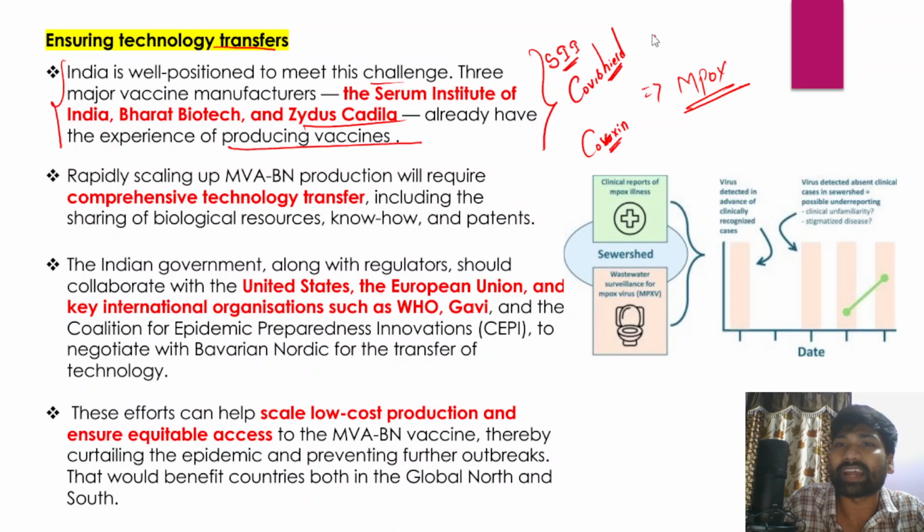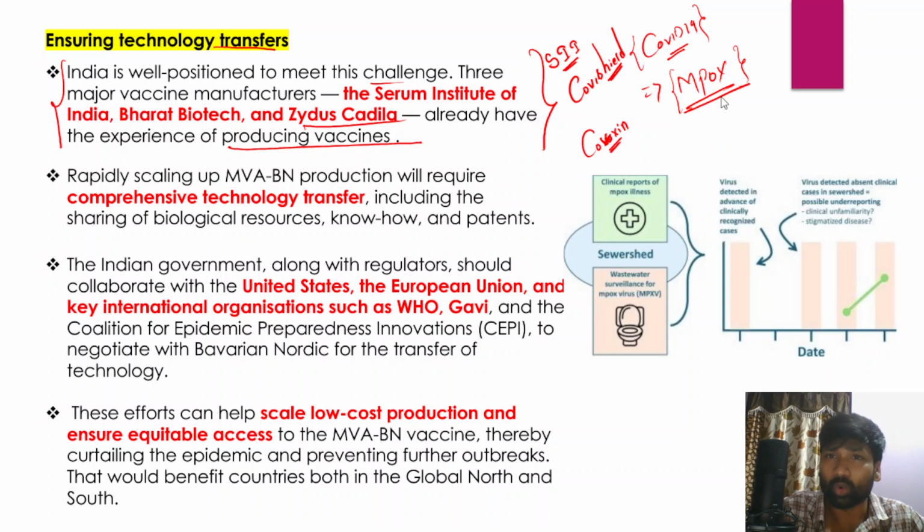But unlike the COVID-19 pandemic, not all countries, manufacturers and research institutes have taken up the task of developing an mpox vaccine. So the only vaccine which is available, in the developmental and production stage as of now, is MVA-BN.